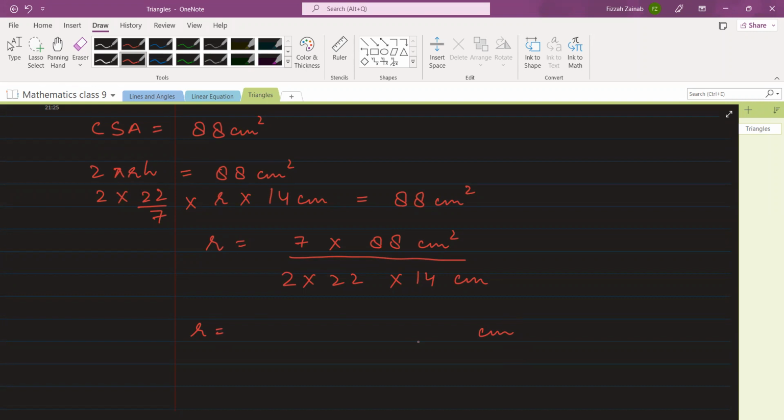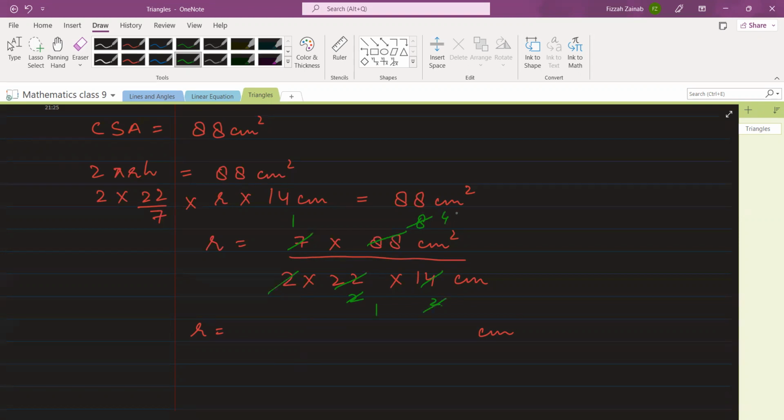Let us just simplify. If you cancel from 11, this will be 2 times and this will be 8 times, right? And then 2 into 1 and 2 into 4. Then you have 7 into 1 and 7 into 2. And this 2 into 2 and 4.